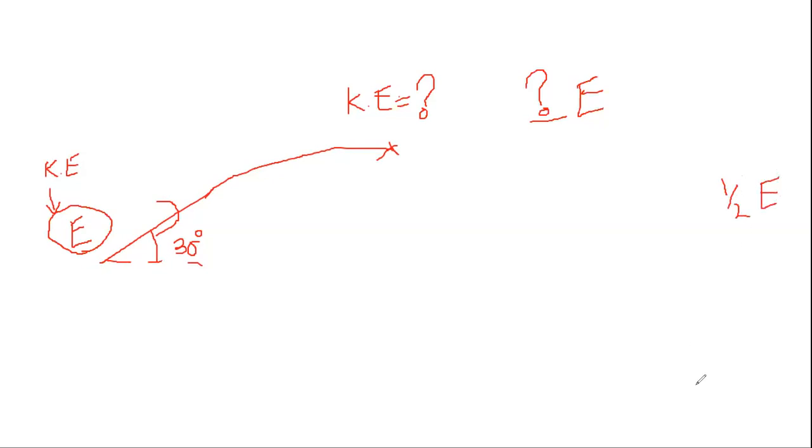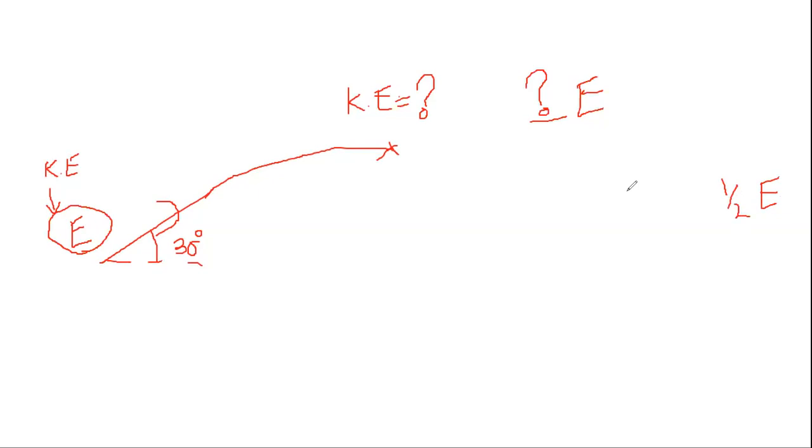Okay, let me get more answers. E sine 30 over 2. What is E? Oh, E, kinetic energy. Sine 30 over 2. Put a number. No, it can't be sine.